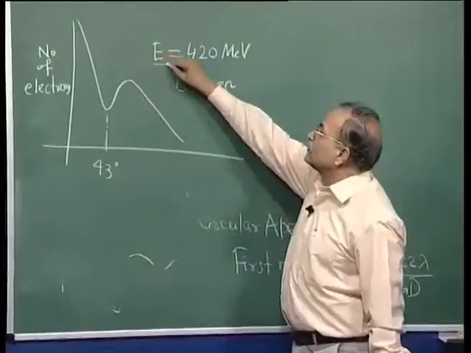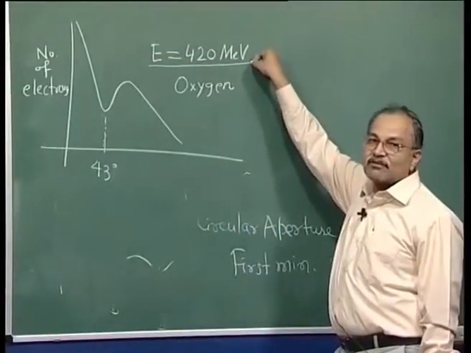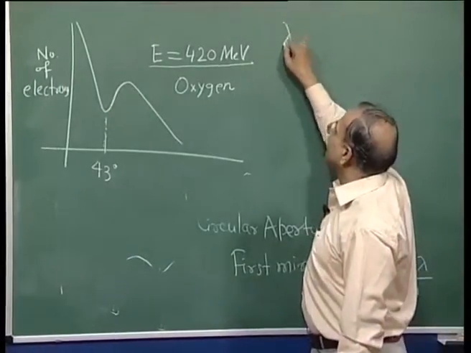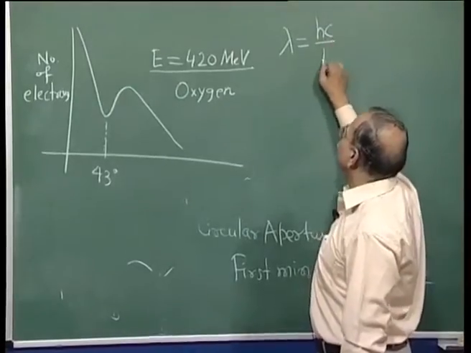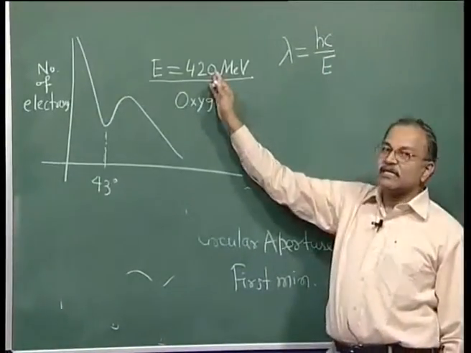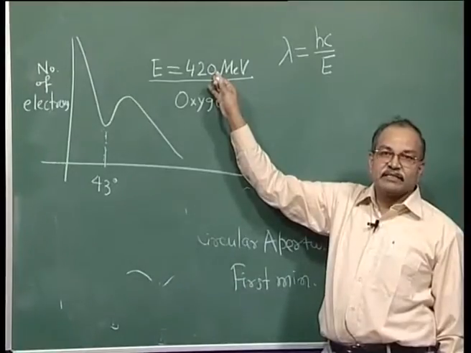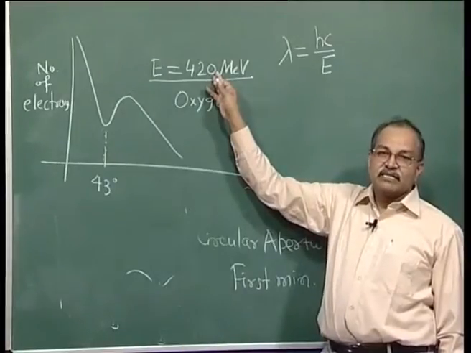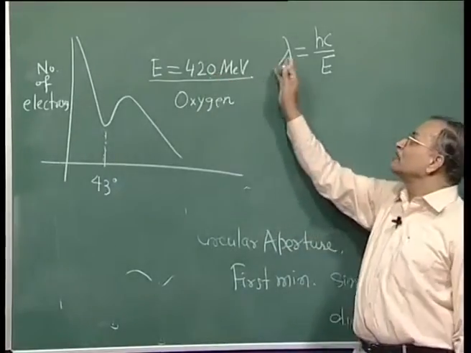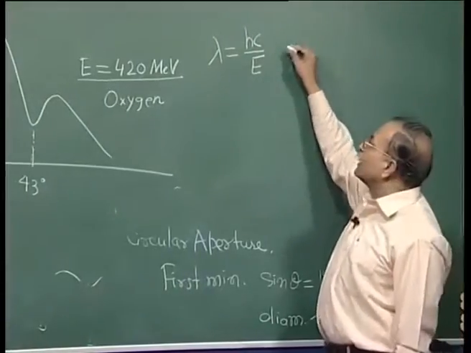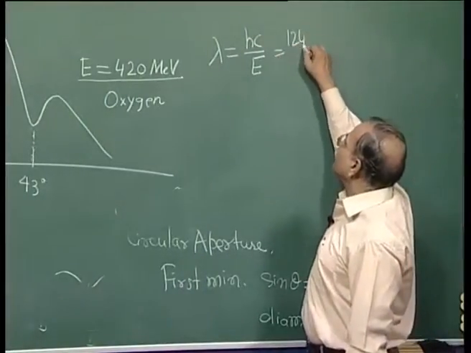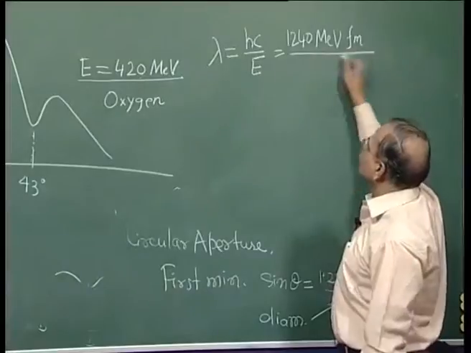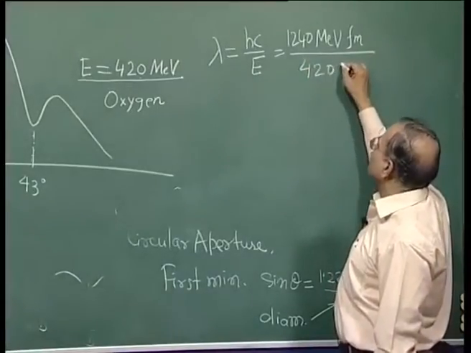So, first the energy is 420 mega electron volts. So, what is the wavelength of this electron wave? The wavelength is given by hc by E. Remember, 420 mega electron volts is much larger than the rest mass of the electron, which is only 511 kilo electron volts, and so I can use this equation hc by E, and hc is 1240 mega electron volt femtometer, and energy is 420 MeV.